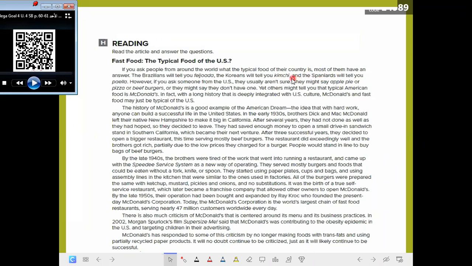If we ask anyone about the fast food, what might he or she tell us? They might say apple pie or pizza or beef burger or McDonald's. Excellent. McDonald's is Korean food or Spanish food or Brazilian food? No, American. American fast food. Excellent.